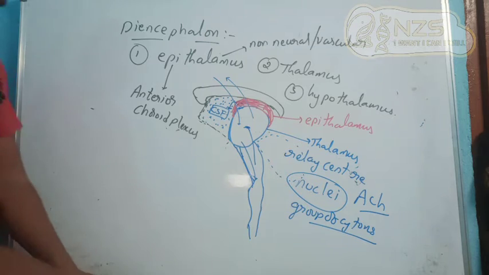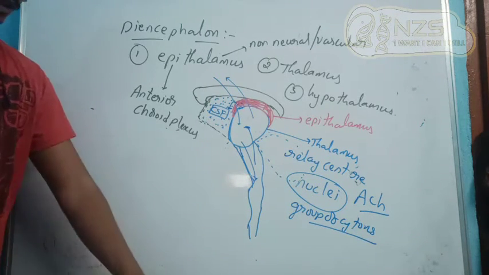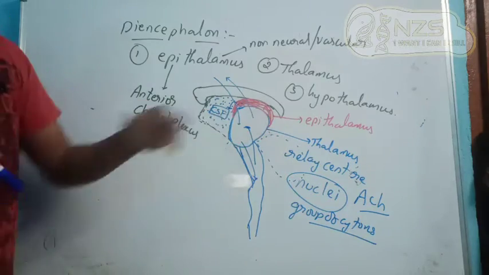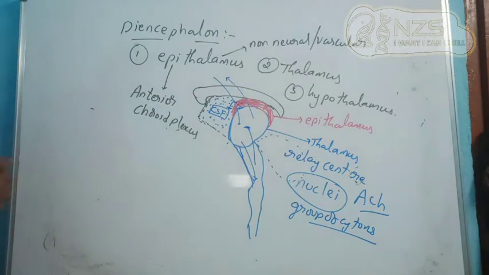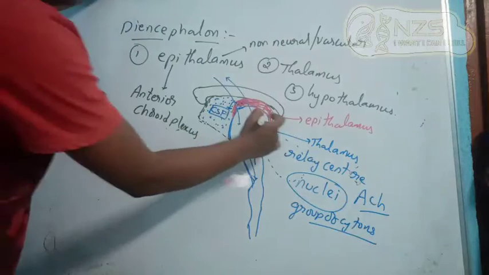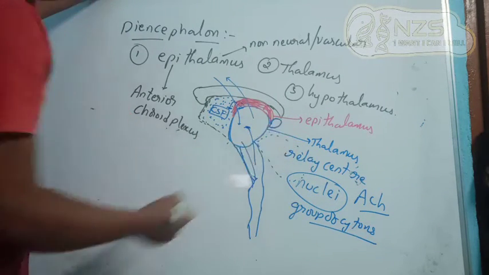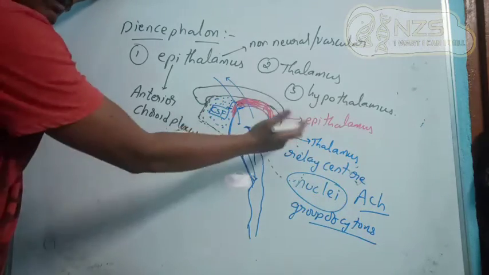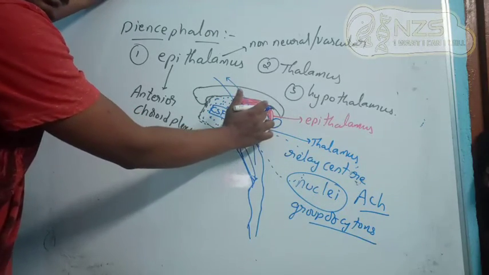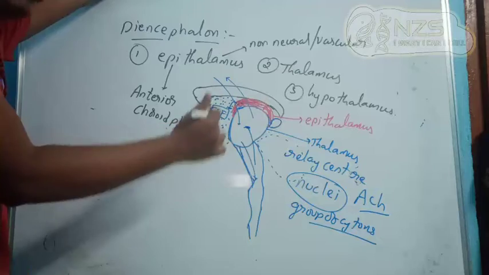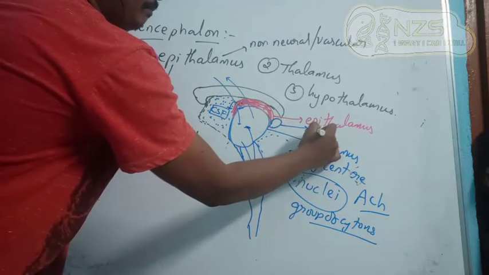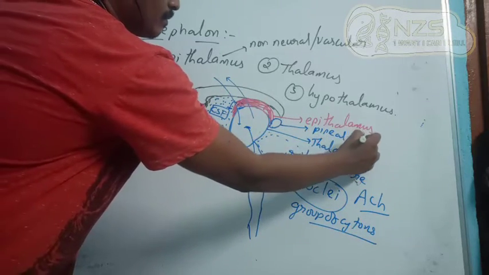Now after thalamus, one more important thing to be remembered. On the dorsal part of the epithalamus, we can see a small bulb-like structure called the pineal body.